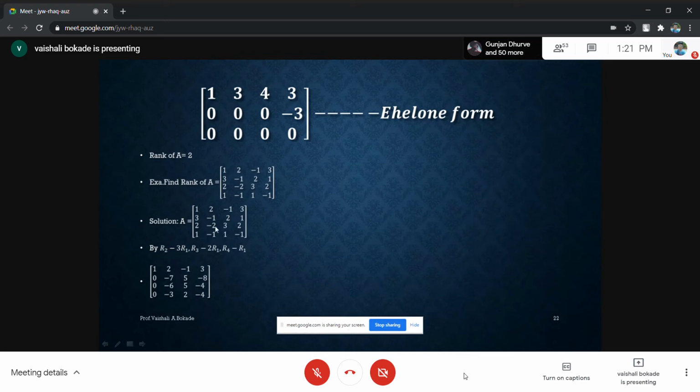Whenever I'm having a certain matrix, I concentrate on whether the element at the 1 1 place is 1. Yes, I'm having that. Next, by using row transformations, may I convert other rows to be 0?